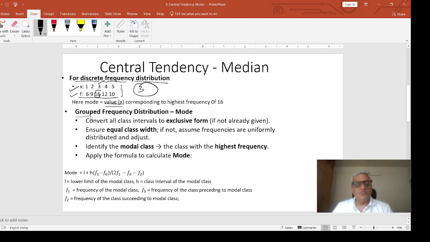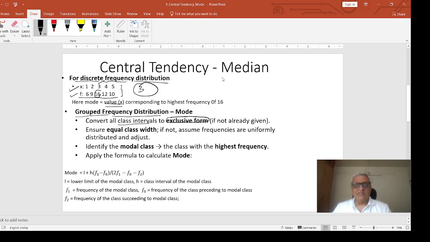So let's also work upon how to find the mode for a group frequency distribution. For group frequency distribution, there is a certain thing you have to do first. If you have classes given in the distribution, and the class interval given is inclusive rather than exclusive, and you don't understand what inclusive and exclusive classes are, please refer to my video on frequency distribution, because that's very important.